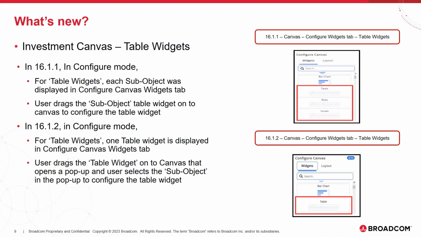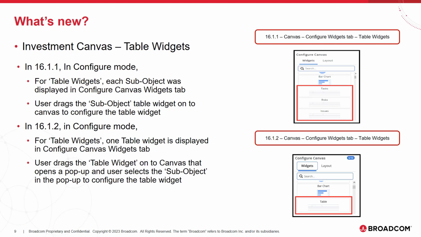Let us look at the changes for Investment Canvas table widgets. In 16.1.1, in configure mode, for table widgets, each subobject was displayed in Configure Canvas Widgets tab. User drags the subobject table widget onto the canvas to configure the table widget.